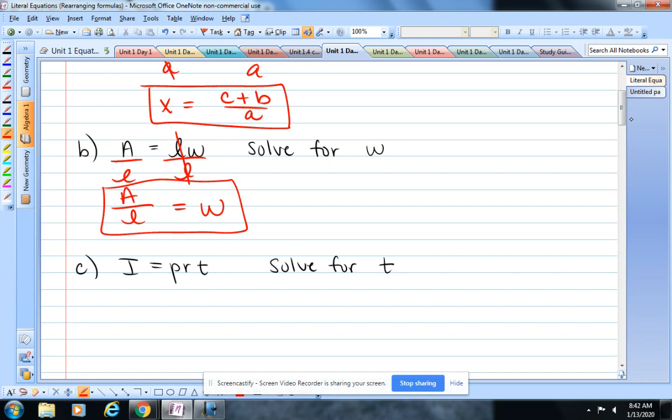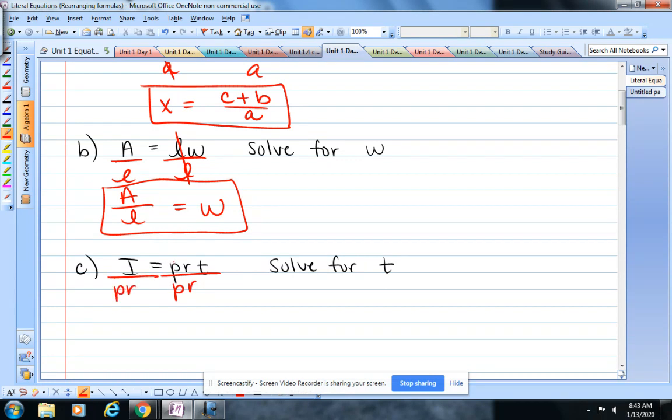What's happening to P, R, and T? They're all squished together. They're all being multiplied. So if I want T by itself, I need to divide by what? P and R. It's going to be simpler if you can divide them at the same time, and you can. Since they're both being multiplied by T, you can divide P and R at the same time, which is going to make life really easy.